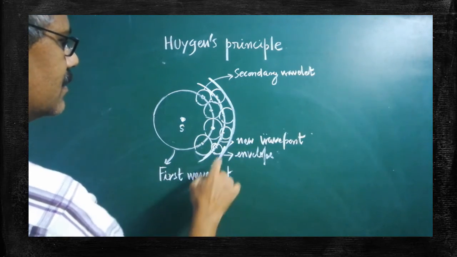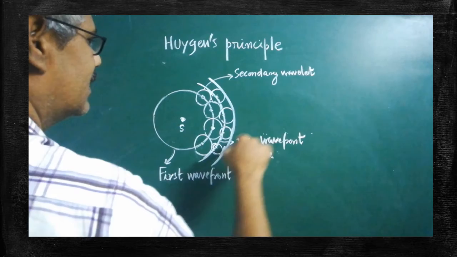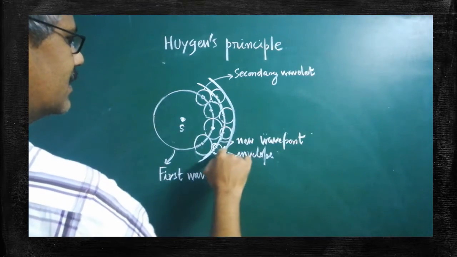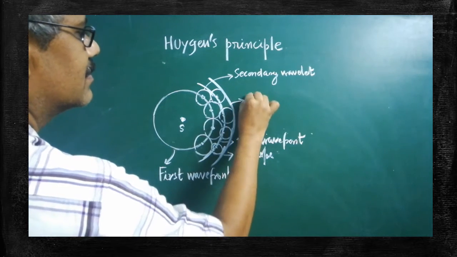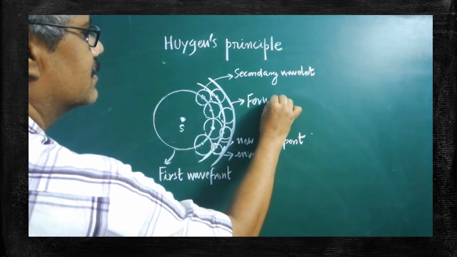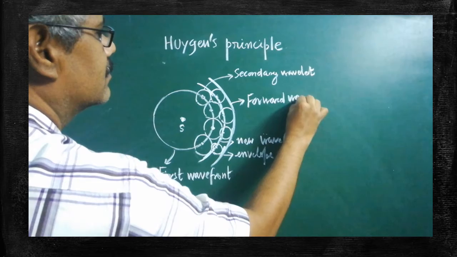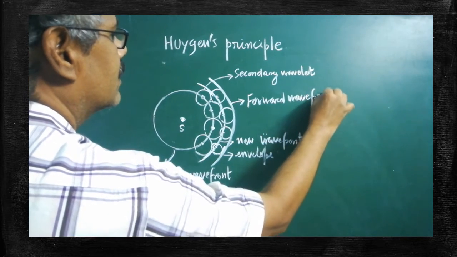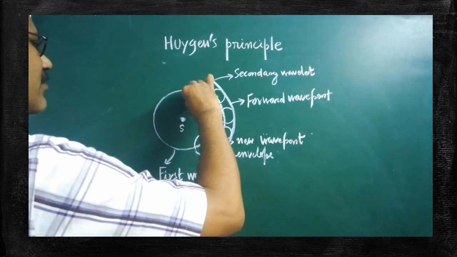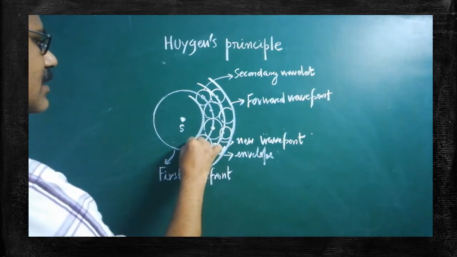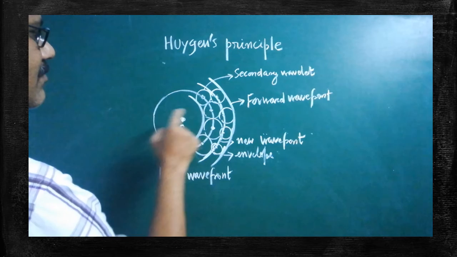Since the wave is moving in the forward direction, these wavefronts can be called forward wavefronts. Even so, we can draw one more wavefront here in the reverse direction. This is called the backward wavefront.